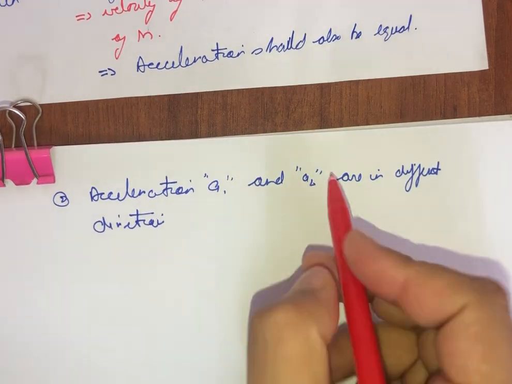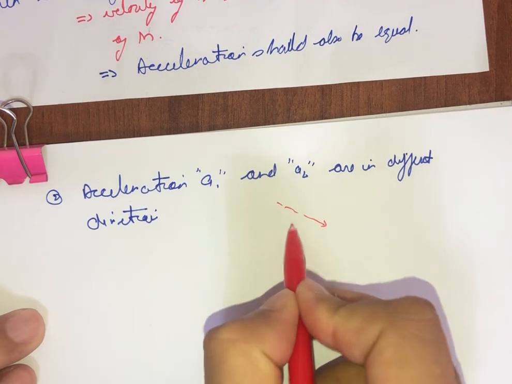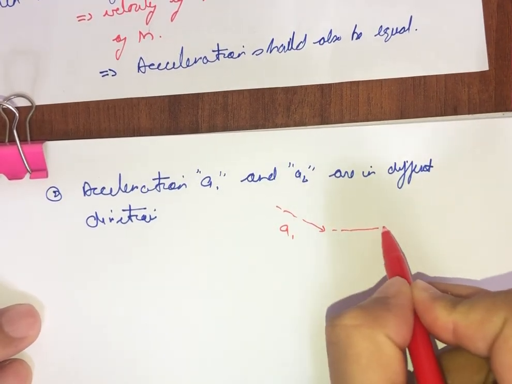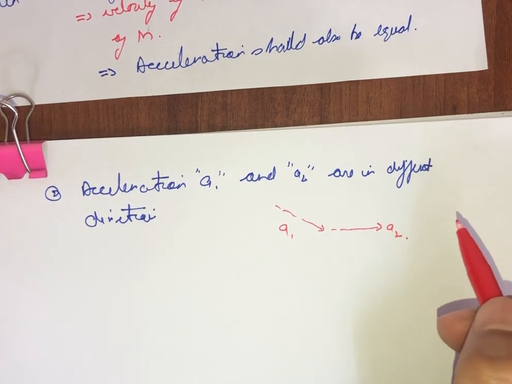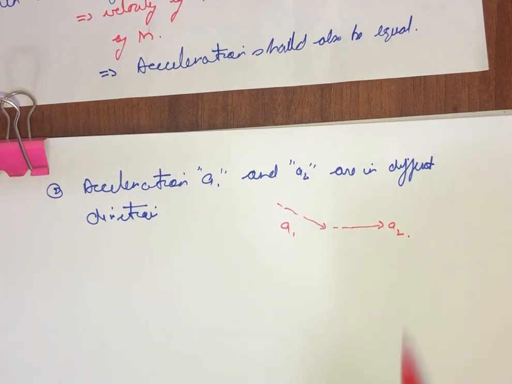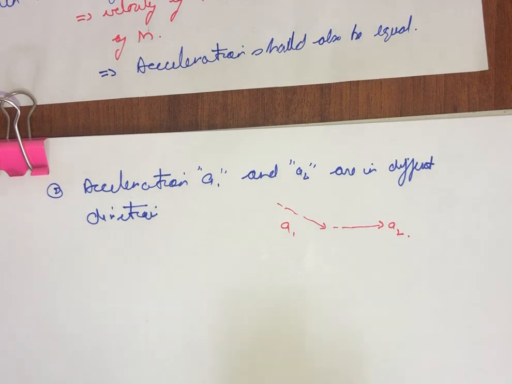You can clearly see that our A1 is in this direction, whereas A2 is in this direction. Therefore, we can resolve A2 into two components, and one of the components will be aligning with the direction of A1.